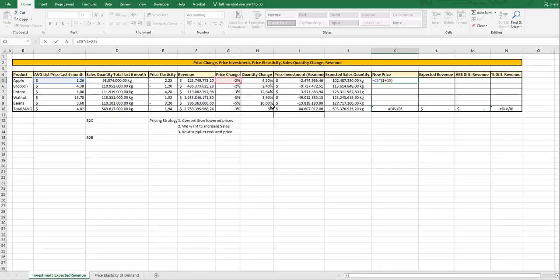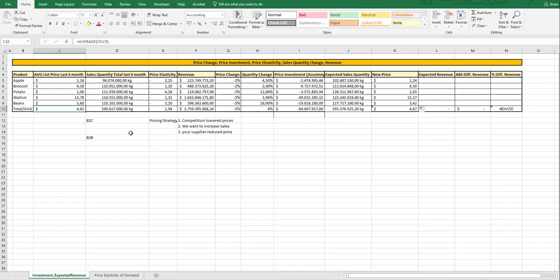So it's a 2% reduction. That means our price will be 98% of the old price, which is 124. So the new average price is 4.67.